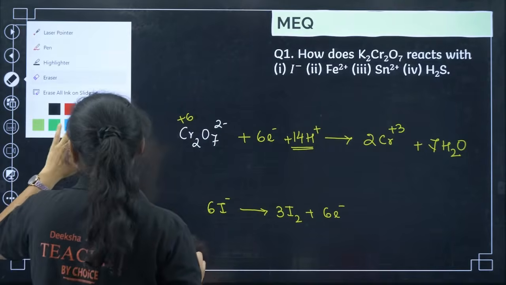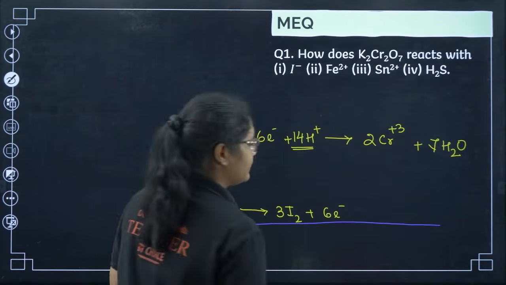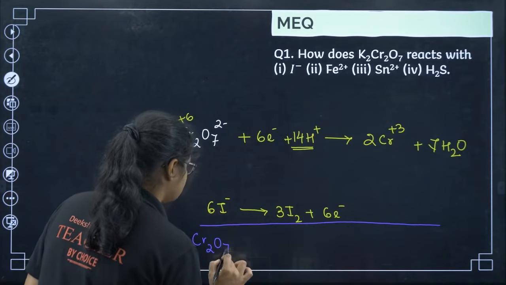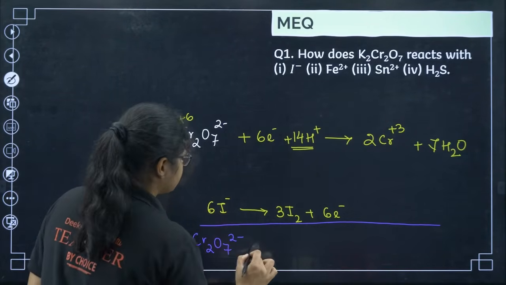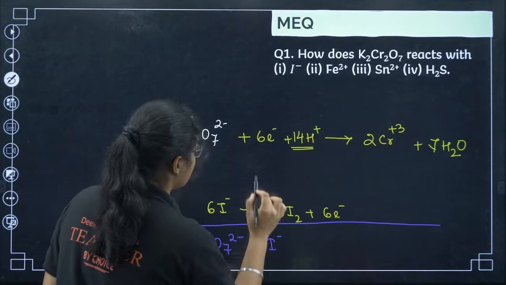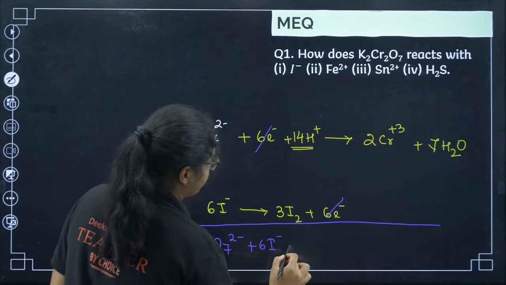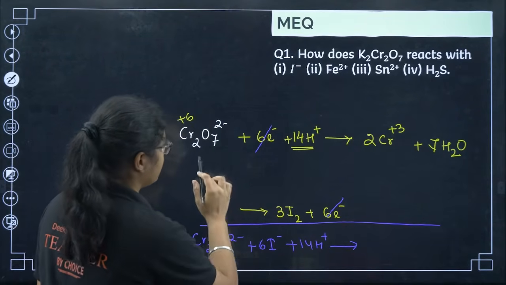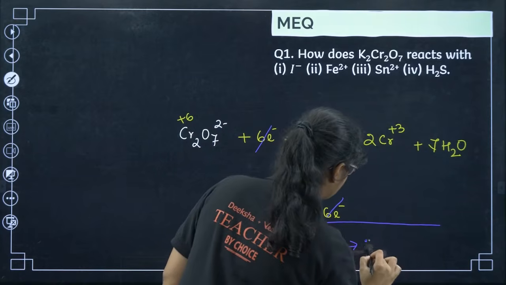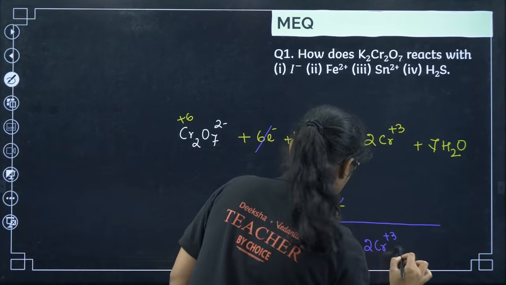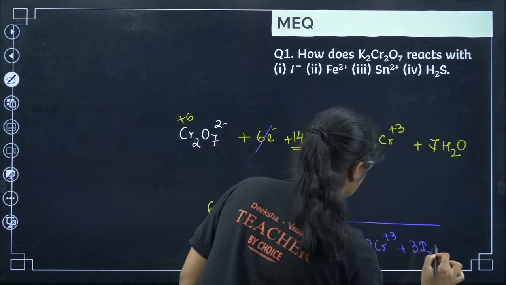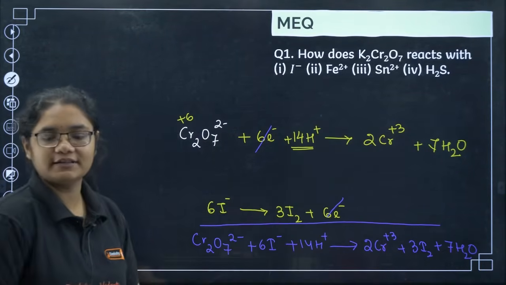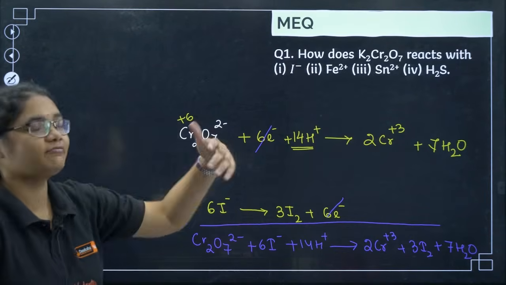Now these are the two equations, and now you can just add them to get the final equation. So my final equation will be Cr2O7 2- plus 6I-, then the 6 electrons get cancelled, so I have 14H+, and this side I have 2Cr3+, 3I2 plus 7 water. Okay, so this is the reaction that I will get in case of I-.